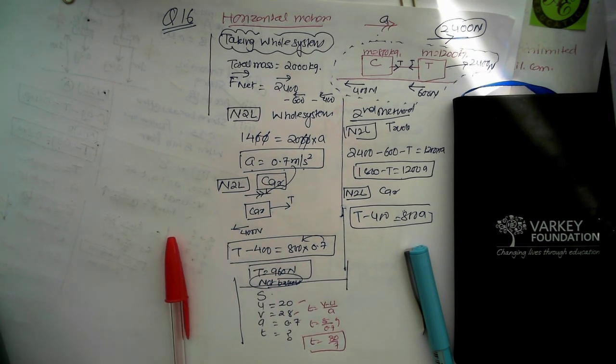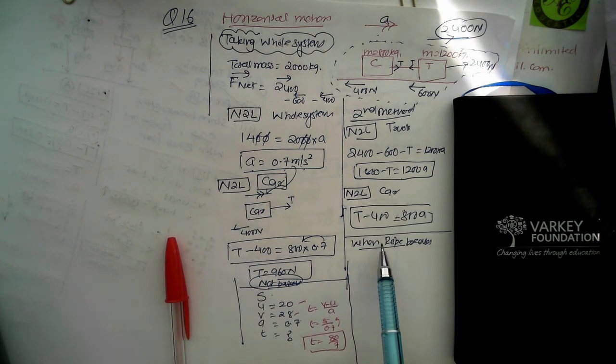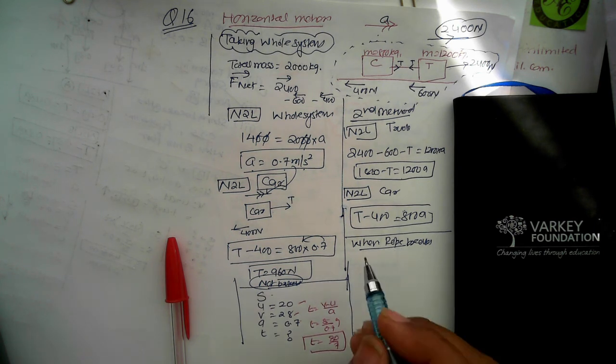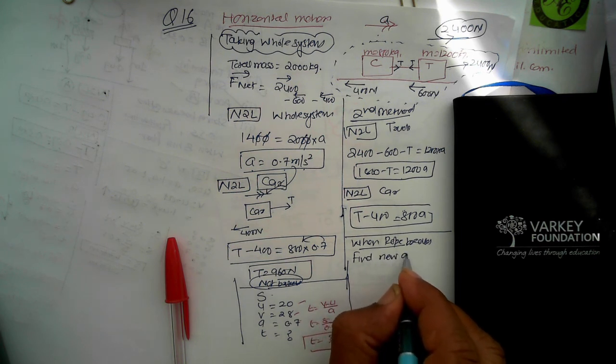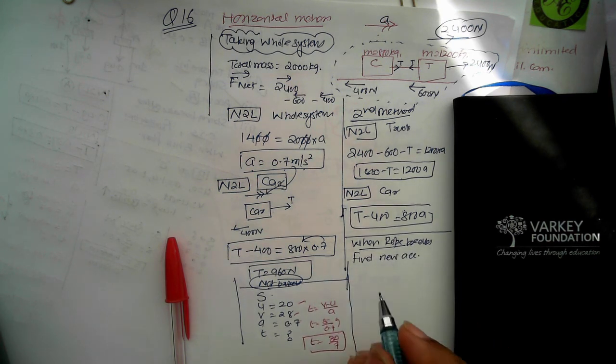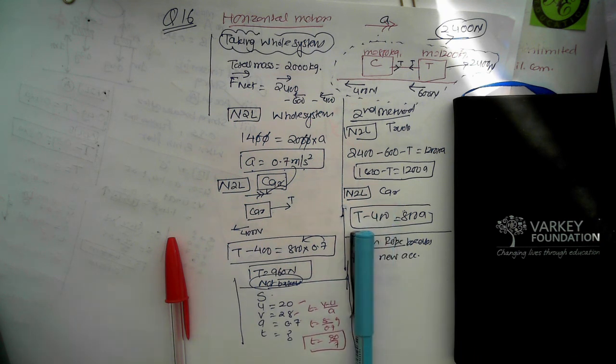Right guys, what happens when the rope breaks? Because all the force is now only being used for the truck, the truck is going to accelerate faster. So let's find the new acceleration. How would you find it? Write down the equation of motion of the truck all over again without the tension, because when the rope breaks, the tension will go.